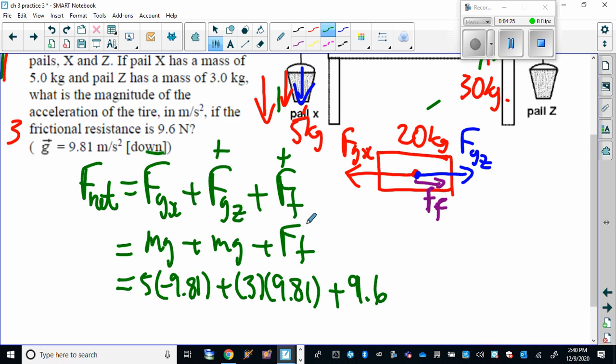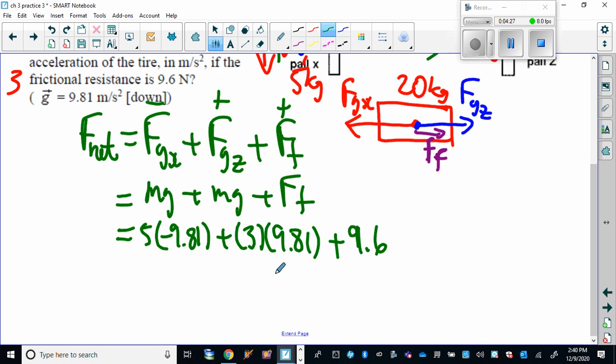Therefore, we must have positive signs for both of those two. So you stick that into your calculator, and it's going to turn out to be negative 10.02 newtons.